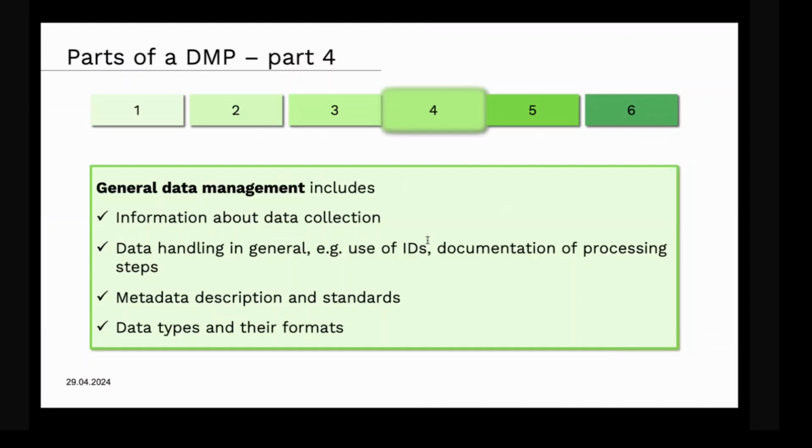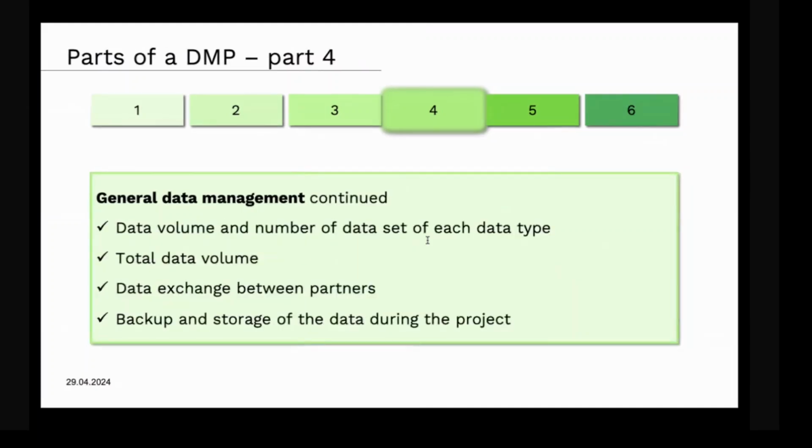That also helps to think about in advance. Last but not least, data types and formats. Again, as I mentioned this morning, the general recommendation is to try to stay with open formats as much as possible. Thinking about this in advance should help in that direction.